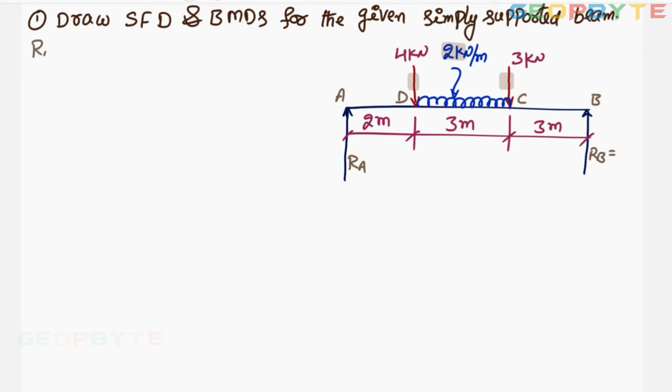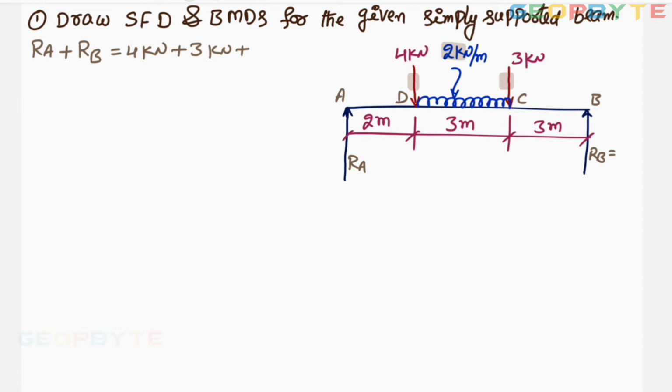RA plus RB, listen carefully, equals the sum of the actions: 4 kilonewtons is one point load, plus 3 kilonewton is another point load, plus UDL.